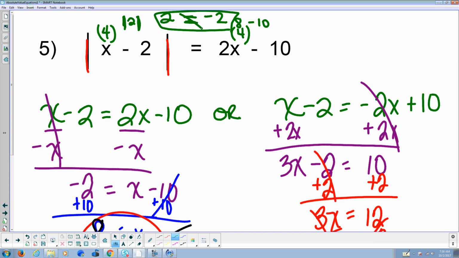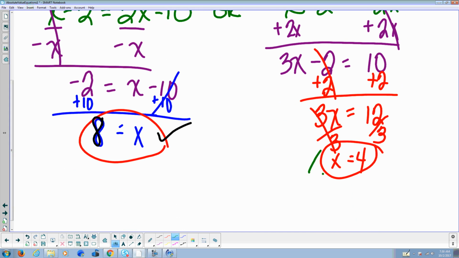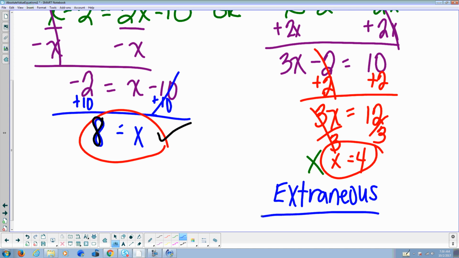When we find out, no, that doesn't truly equal each other, then that means that 4 is not a true solution to this equation. It is a solution that we call extraneous. It's called an extraneous solution.